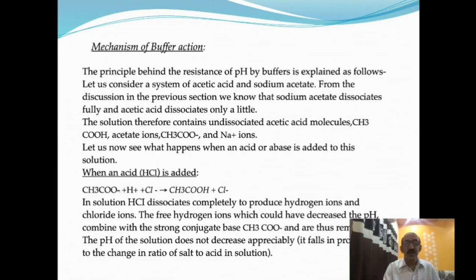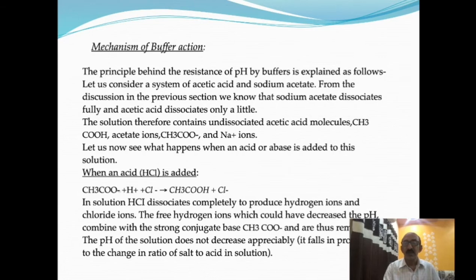The free hydrogen ion liberated from HCl could have decreased the pH. Therefore, it combines with the strong conjugate base, CH3COO minus. CH3COO minus is called the conjugate base of acetic acid. It is a strong conjugate base.